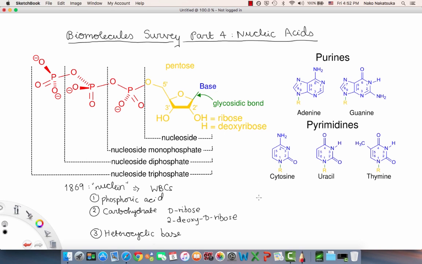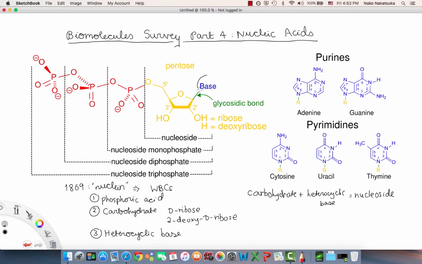Then in the 1920s, they came up with the term nucleoside as the combination of a carbohydrate and a heterocyclic base. In this case, the heterocyclic base nitrogen was bonded to the ribofuranose anomeric carbon.